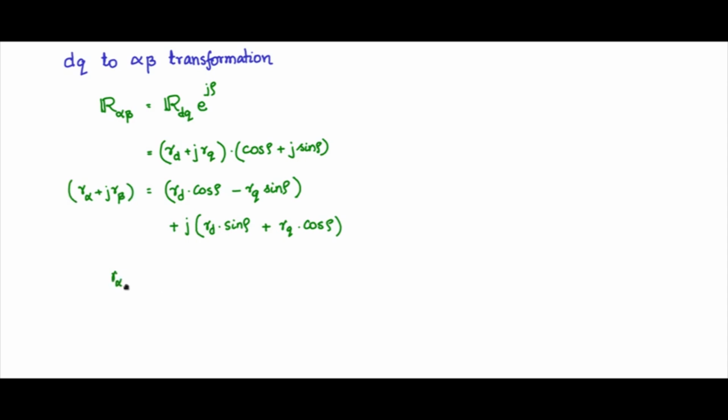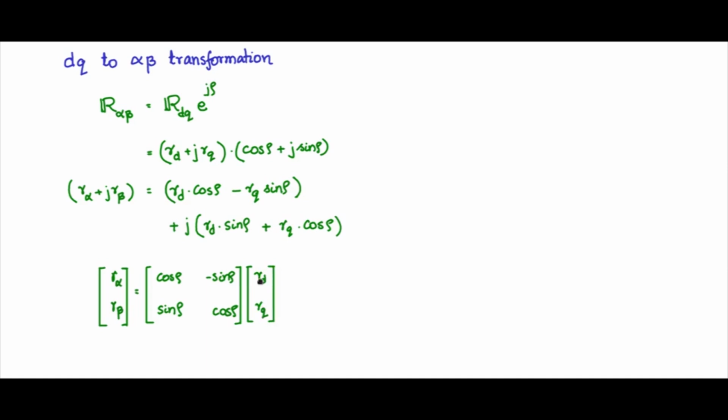And therefore, in the matrix form, I can write R alpha, R beta as follows. For R alpha, I will put in cos rho, and minus sin rho for the second term here, and for R beta I will put in sin rho and cos rho, and the input vector RD, RQ.